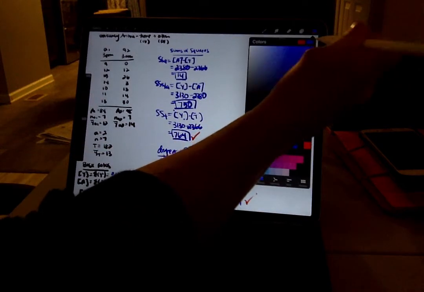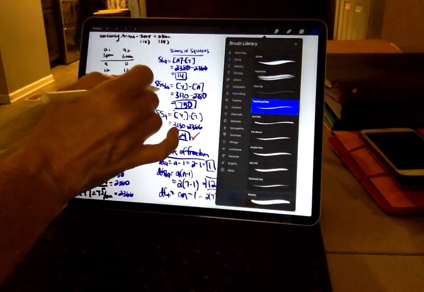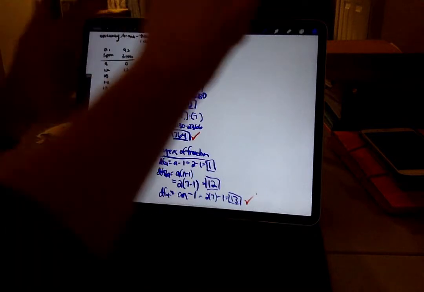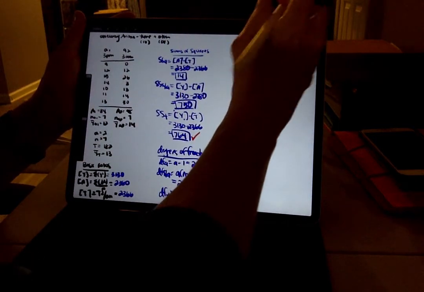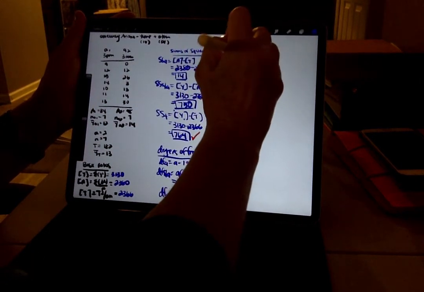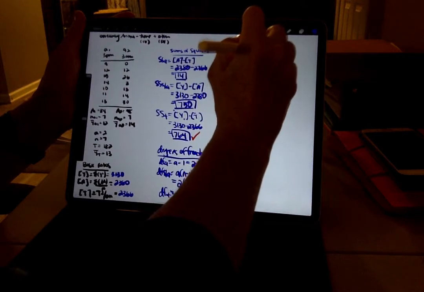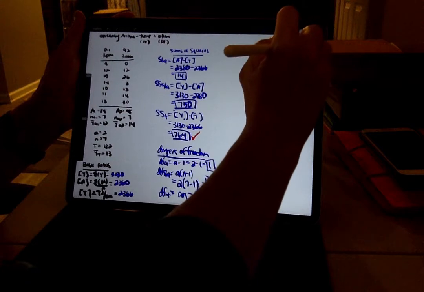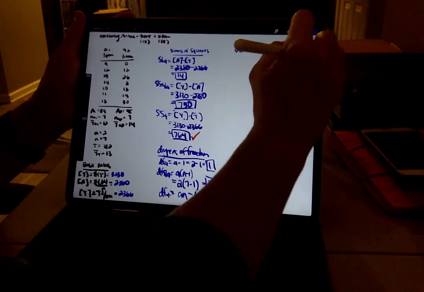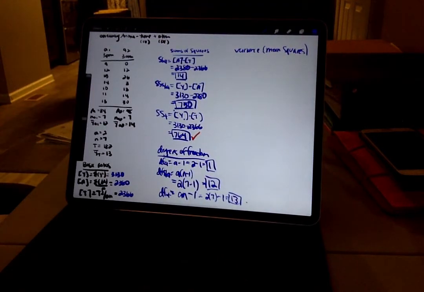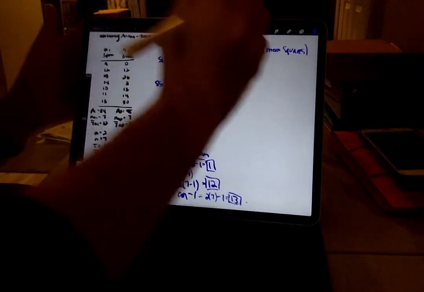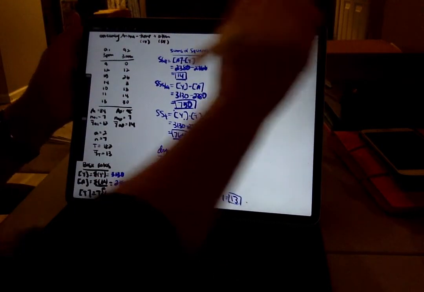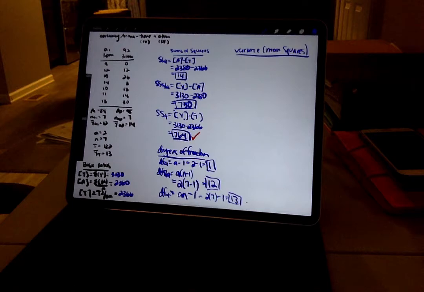All right, so once we have our sums of squares and our degrees of freedom, we are ready to calculate variance. And in the ANOVA, the term for variance is the mean squares. Remember, the overall formula for variance is always sum of squares divided by degrees of freedom.